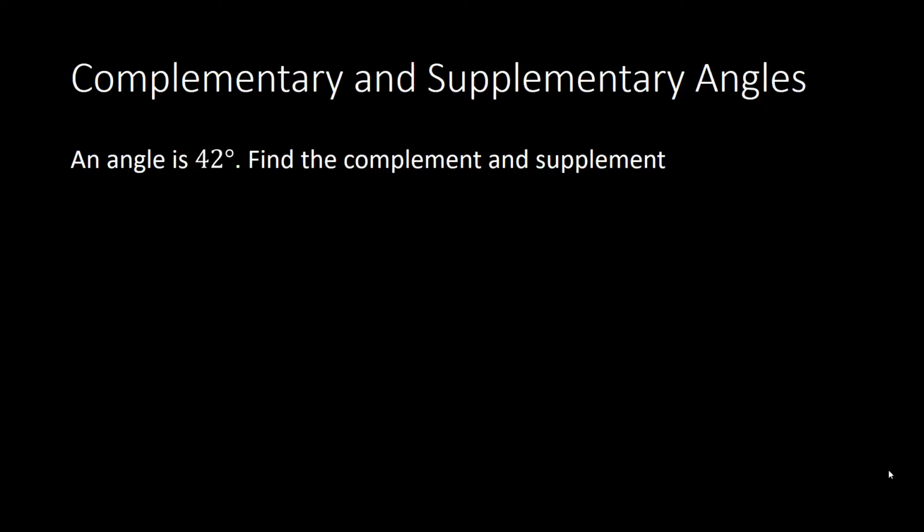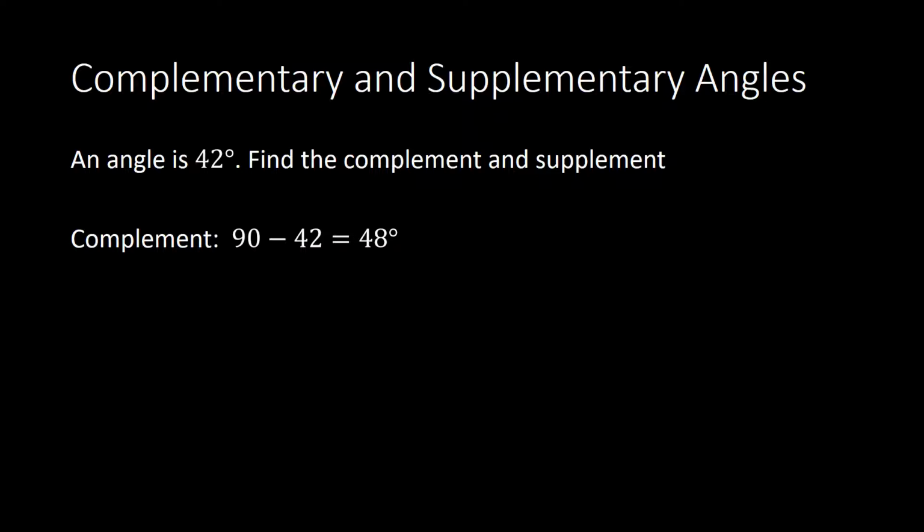So to find the complement, we need to find what angle is added to the 42 degree angle to give me 90 degrees. If we subtract 90 minus 42, that gives our solution. The measure of the complement is going to be 48 degrees.